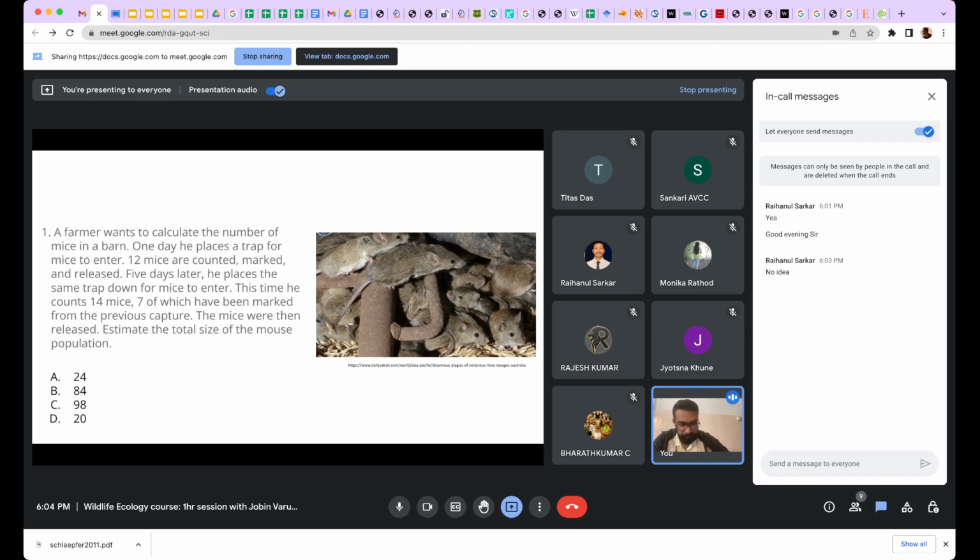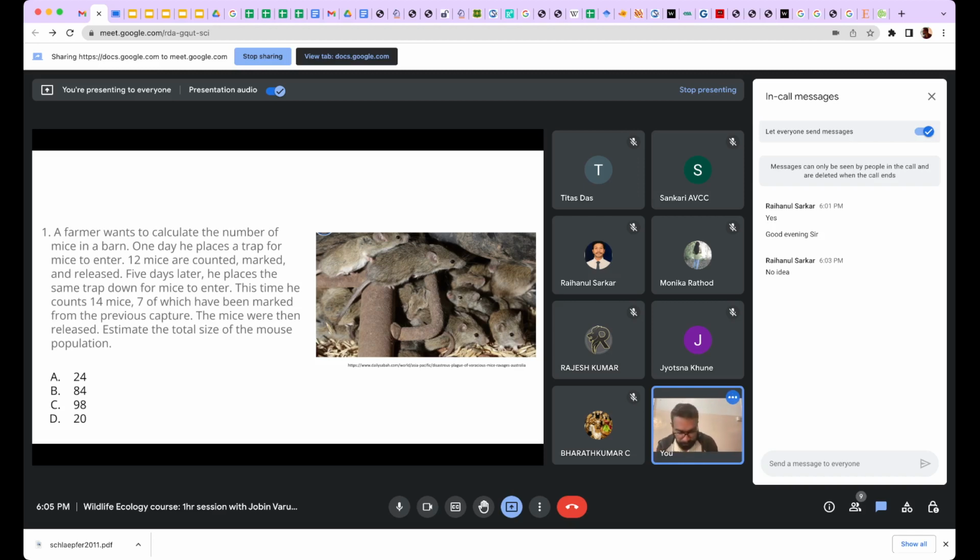There were a few mice, and they were caught initially. So 12 of them were caught and marked. How do you mark mice? You will either have tags on the ears, or fur clips. I have done some field work where we were catching rats and doing some recapture.